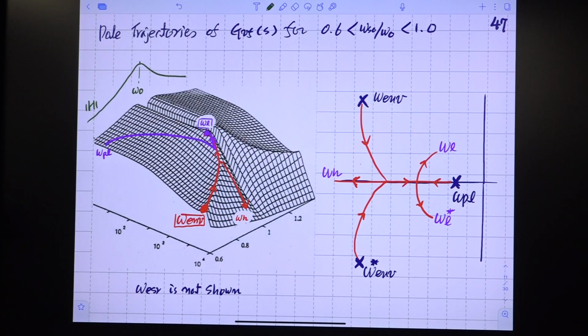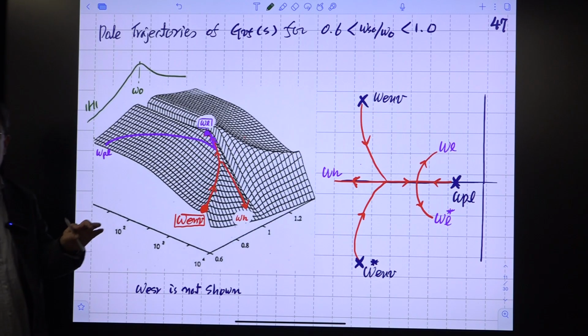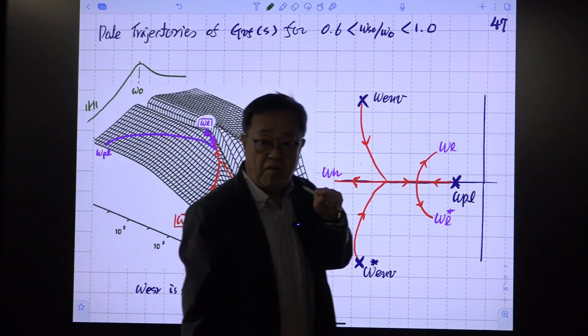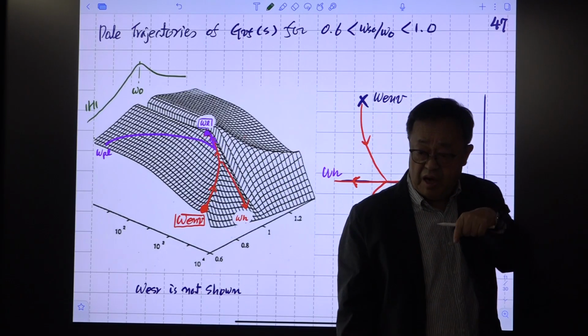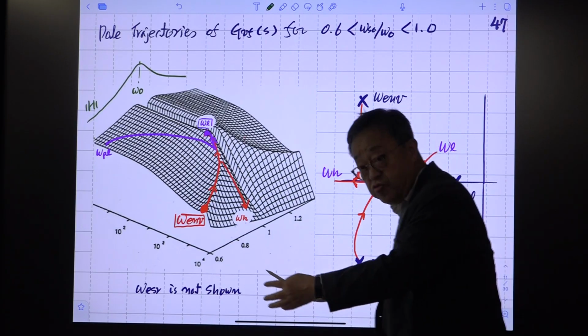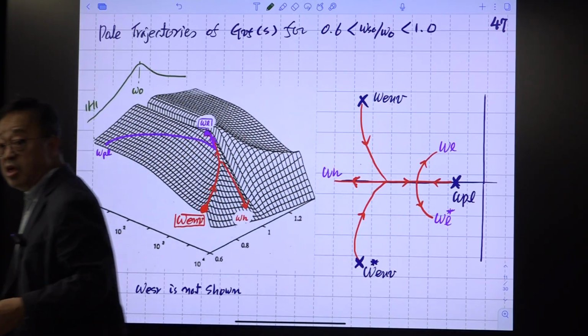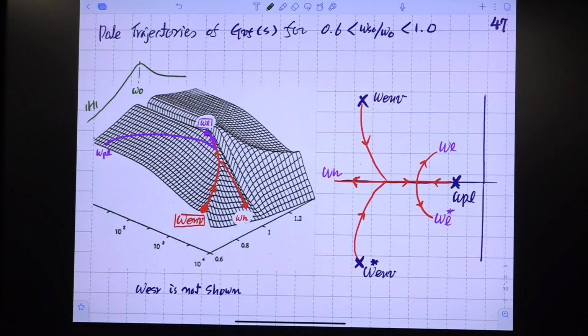If you take a look at this from a distance, deleting this red curve and this purple curve, then you will be seeing this pattern. So when the switching frequency is increased from this point to this point, that means you start from 60% of the resonant frequency and you are increasing your switching frequency to 100% of the resonant frequency.